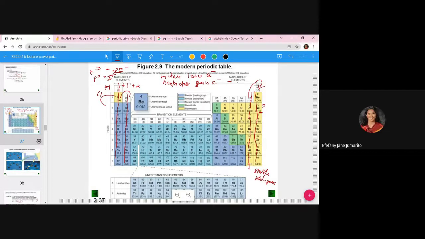Okay, so negative 1 iyahang charge. What about oxygen? Negative 2. Okay, negative 2. What about nitrogen? 3. Negative 3.